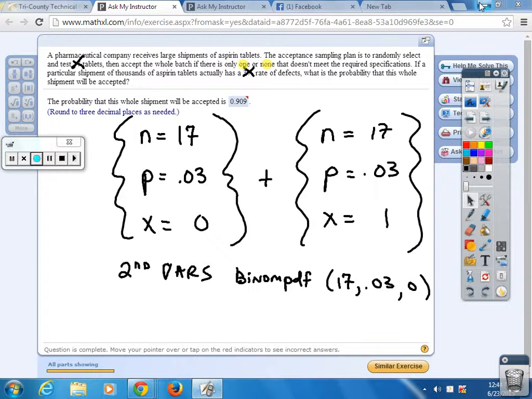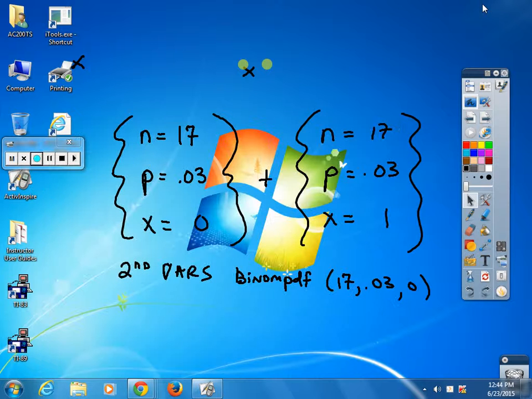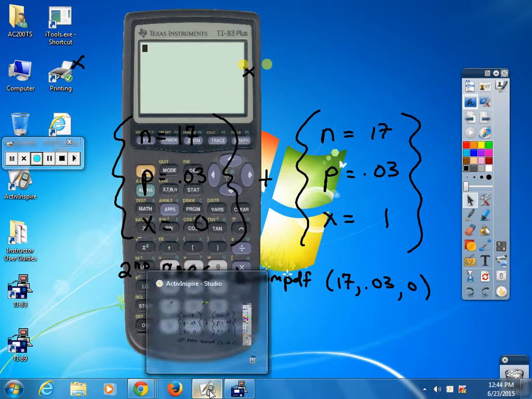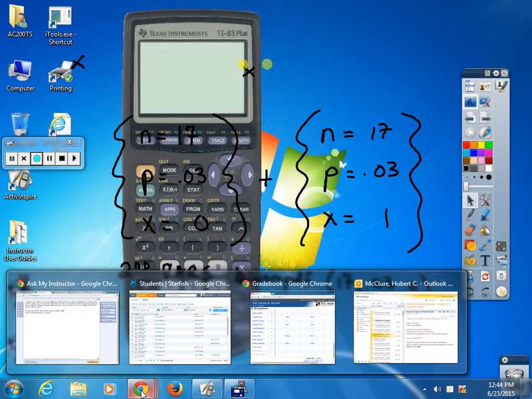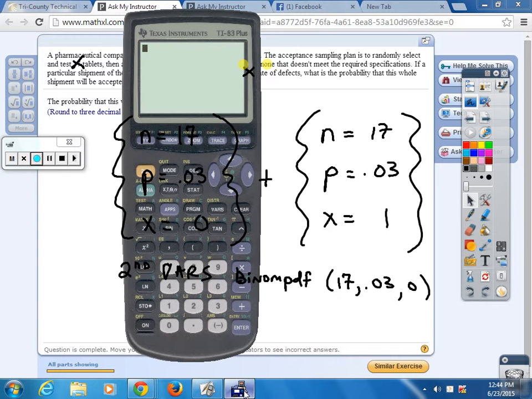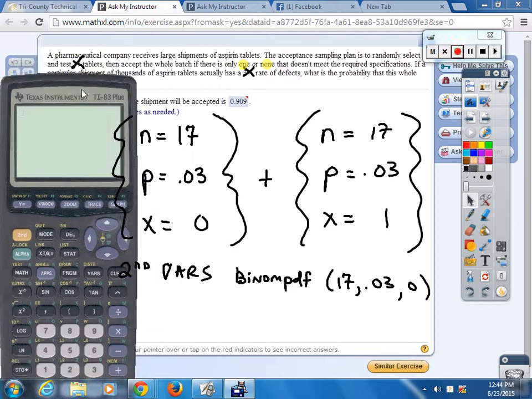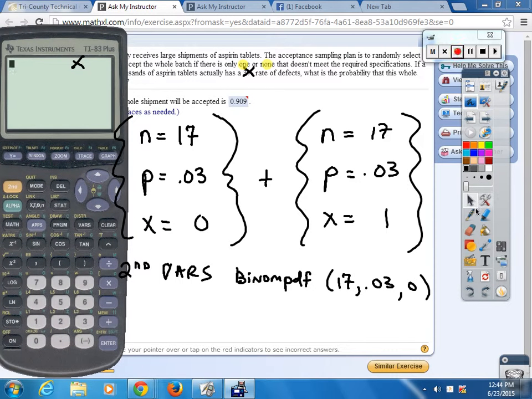So let's take our handy dandy calculator. And there's our calculator.